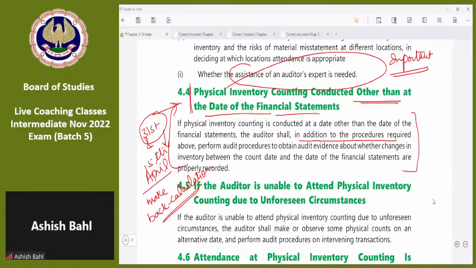By this way he may arrive at quantities as on 31st March, and he would have to reconcile it with stock records as on 31st March.